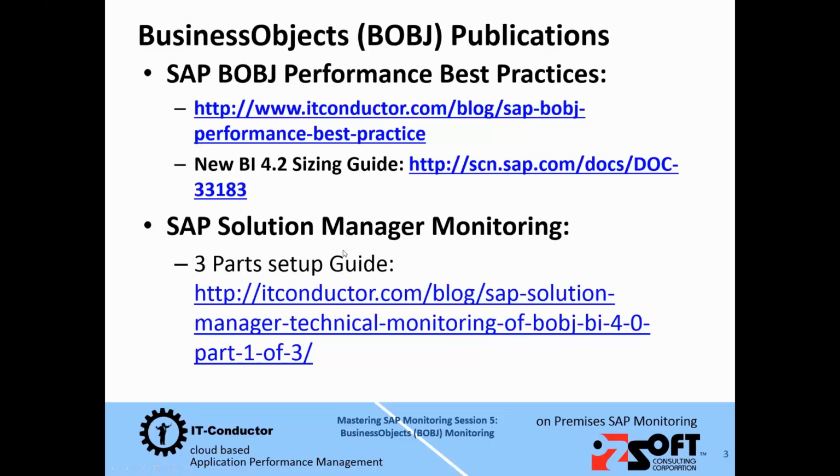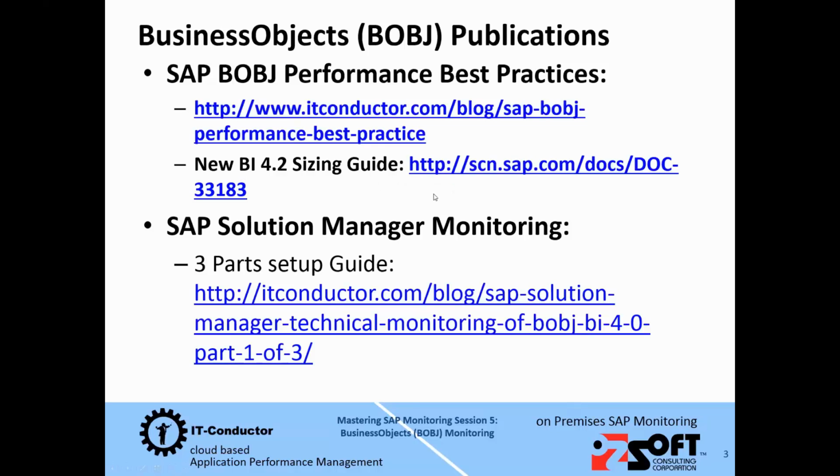We have a publication on BOBJ performance best practices that covers everything from sizing, initial architecture design, through deployment, testing, and monitoring and management. As such, there is a new BI 4.2 that's been out for about 3-4 months, and there is a new sizing guide.